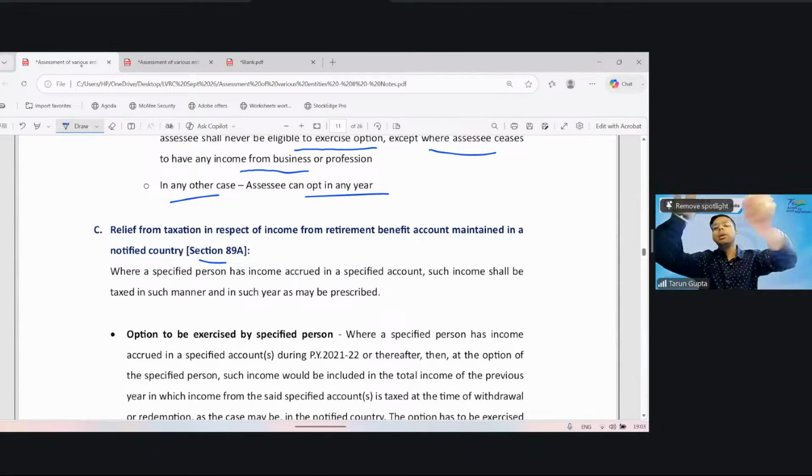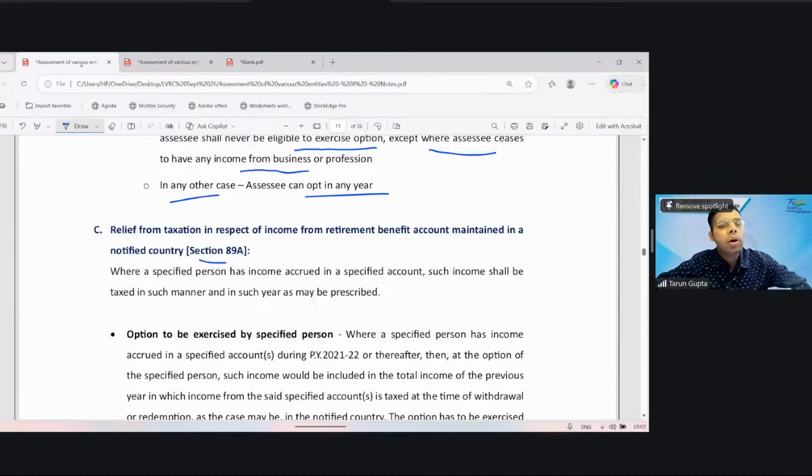This is in respect of those individuals who were earlier working outside India. So in those years, they were non-resident in India. They were doing the job, say in US, UK, Canada, and they were accumulating their retirement benefit there. Under the laws of such country, such retirement benefits are taxable in the year of withdrawal.